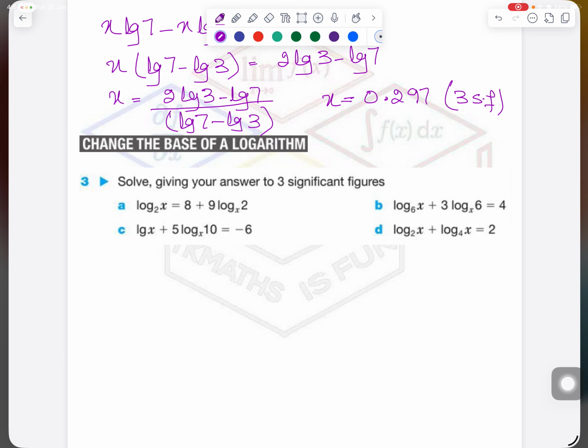Now question 3 part A. Be very careful. If you see here, the base is 2, here the base is x, and you have to solve. You want x not in the base. So what will I do?